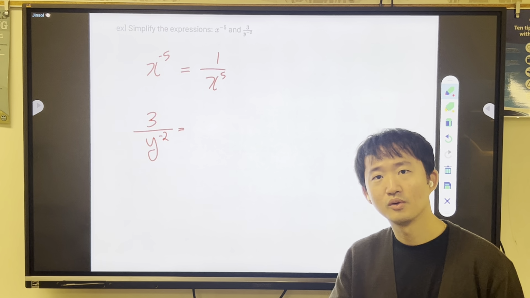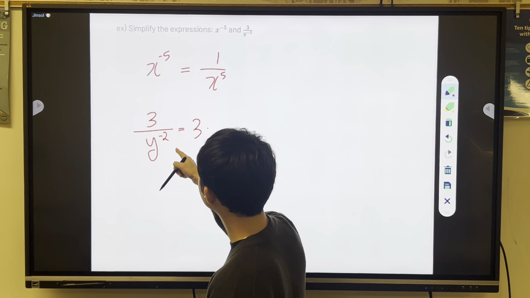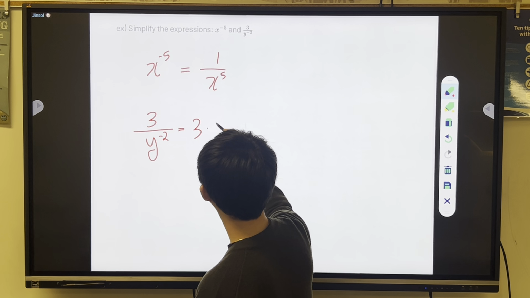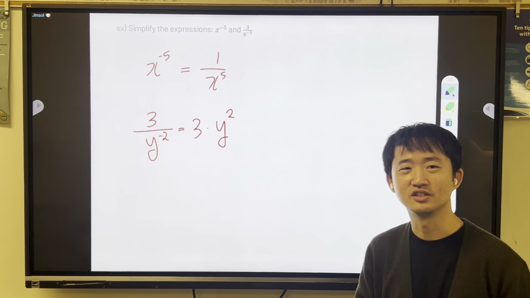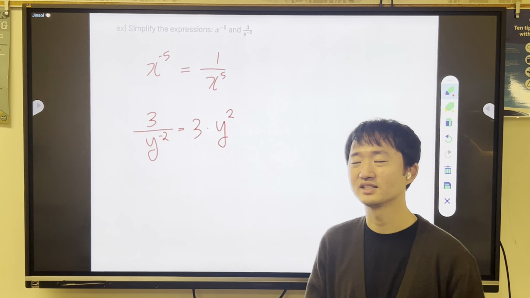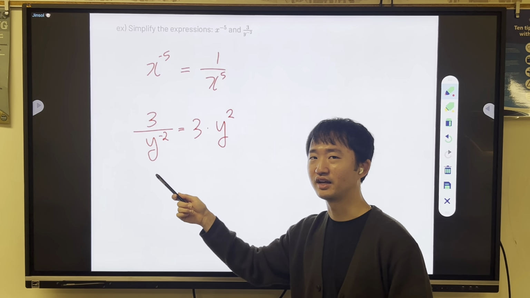Well, we can use a ticket, which means we can switch the denominator y power of negative 2 into the numerator side. And after you use the ticket, we need to remove the negative exponent. Or we can also think of it as the reciprocal of y to the power of negative 2.